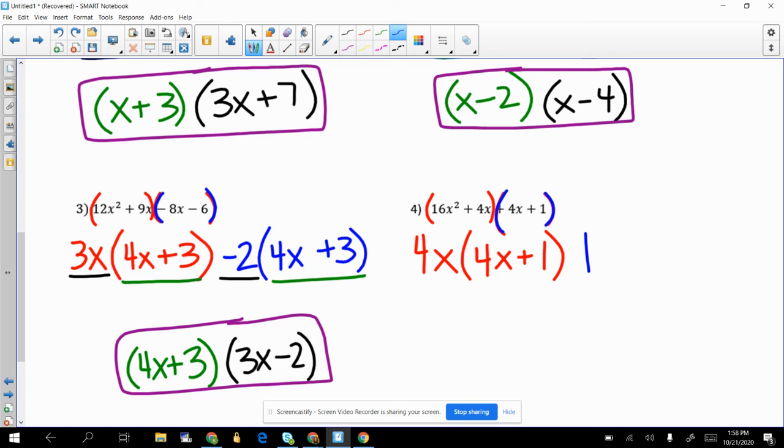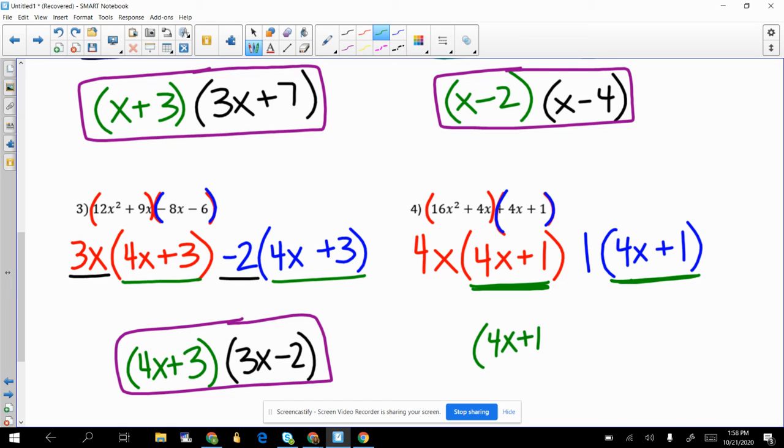So 4x divided by 1 is 4x, and 1 divided by 1 is 1. Also, you'll still notice that what's in the parentheses match. So if one set of your parentheses matched what you got here, you should know that you're probably just taking out a 1.